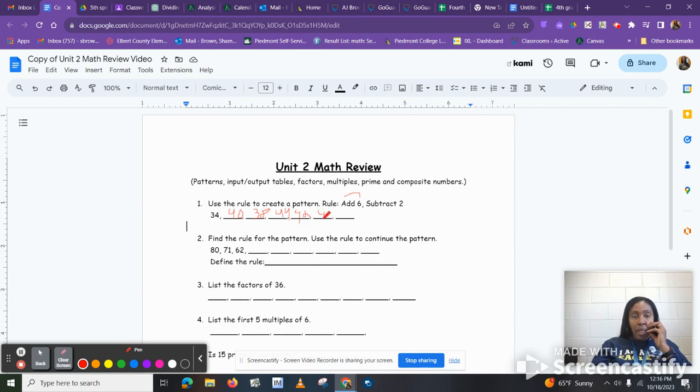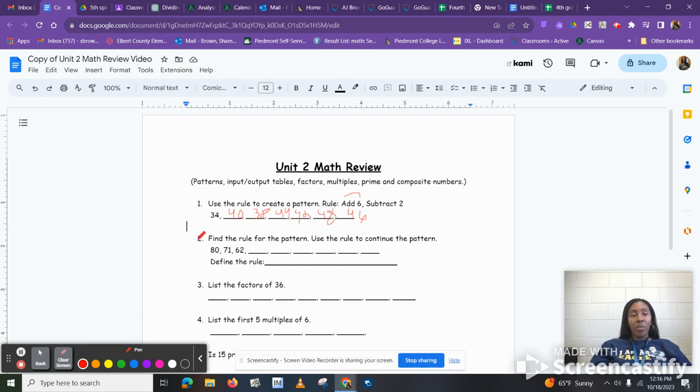Now I'll go back to my subtract 2. So 48 minus 2 will give me 46, because I have 48, I take 2 away from that, I have 46. So that would be that pattern complete right there. So you're going to have to be able to do that on your test for whatever rule they give you.